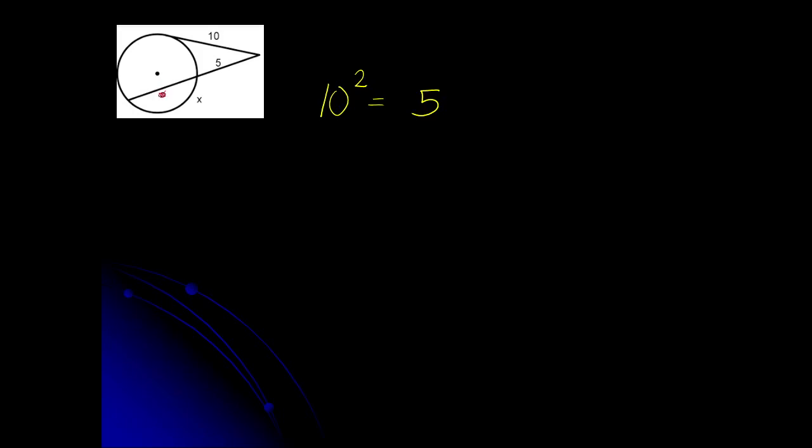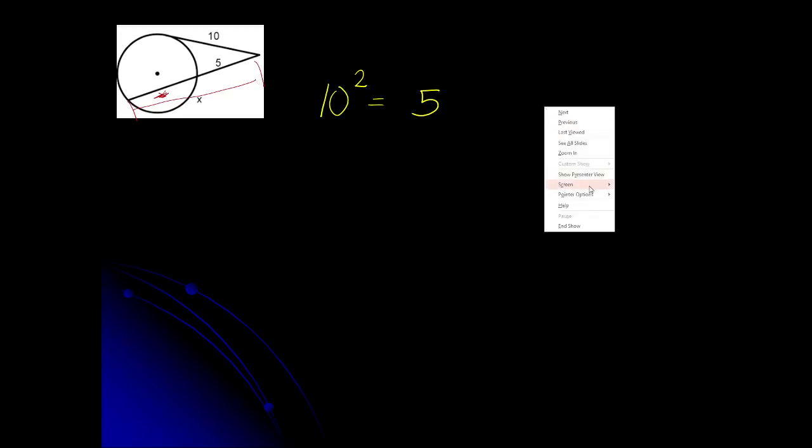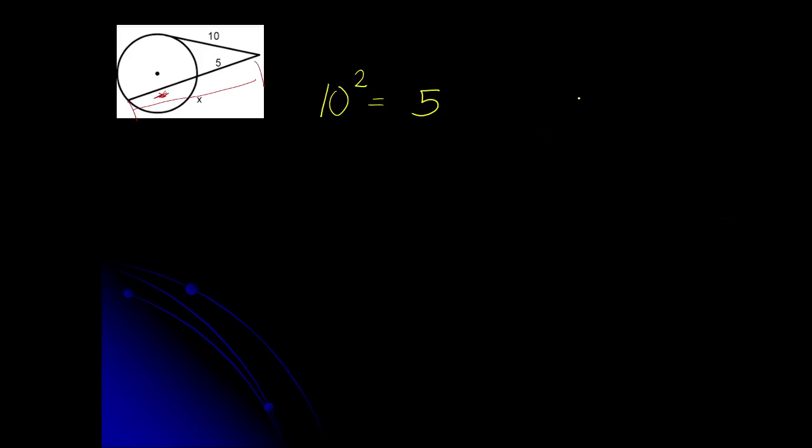But since x is outside, that means x is this. Is that clear, section zircon? So meaning this is now 5 plus x.